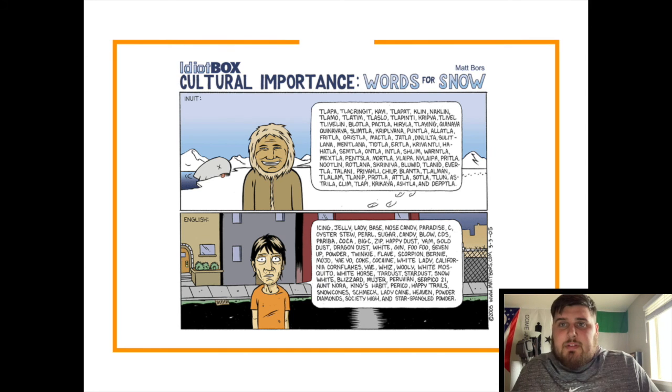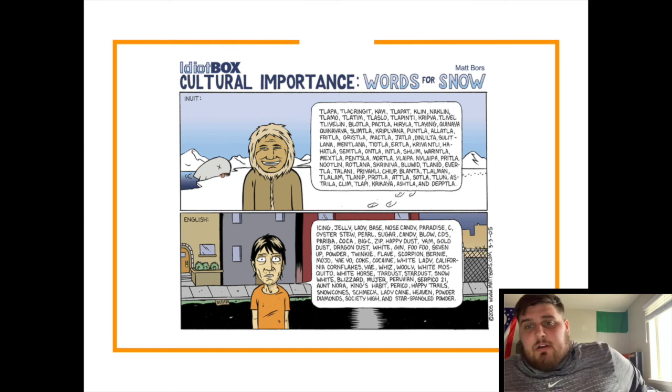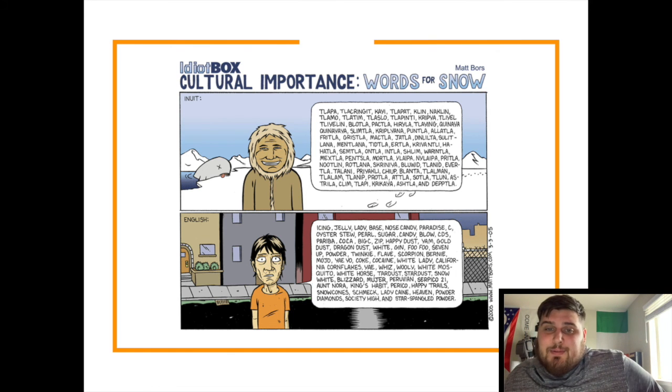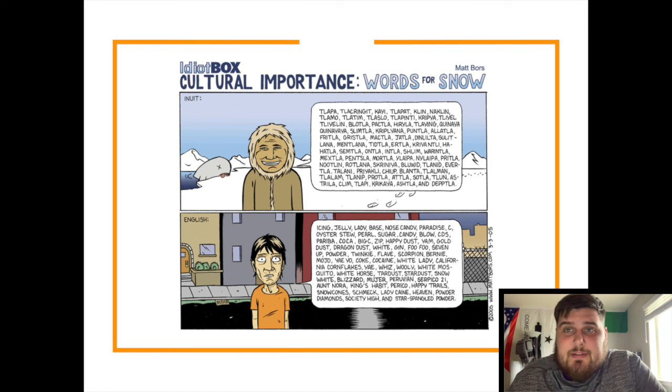And again here, you see on the very last slide, it's cultural importance, words for snow. So if you go through and look at the two different things, Inuit versus English, Inuit have like 45 different words that I can't even pronounce that mean snow. Where in English, there's a couple, right? There's icing, there's jelly, lady base, nose candy, paradise.